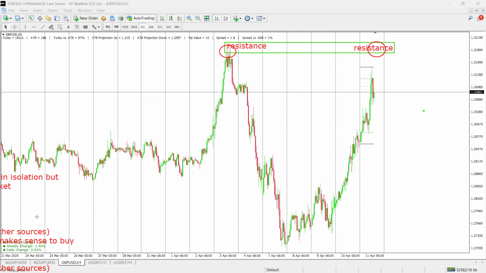Now, for a market to go up as well, something must happen. The market says we should do it this way, starting from the same base.